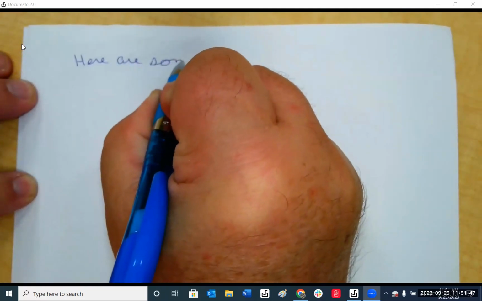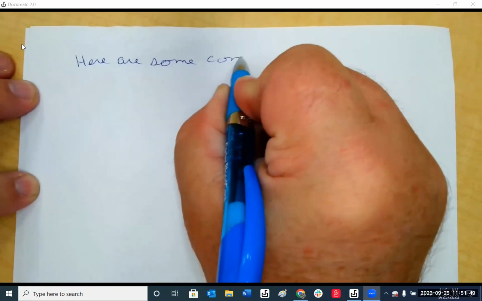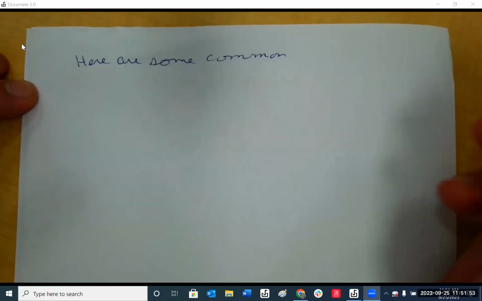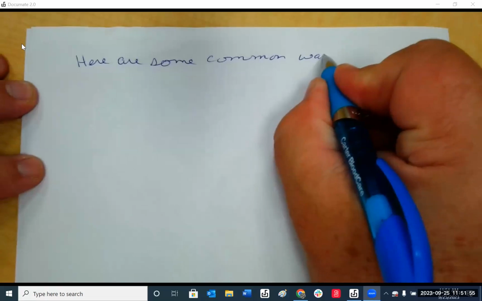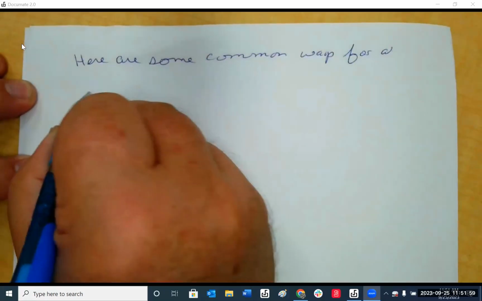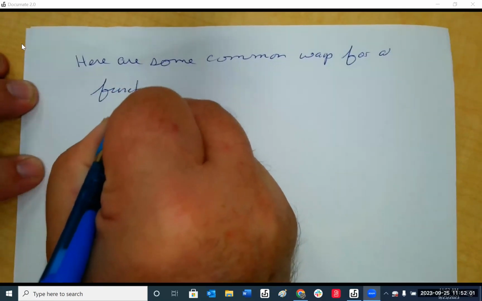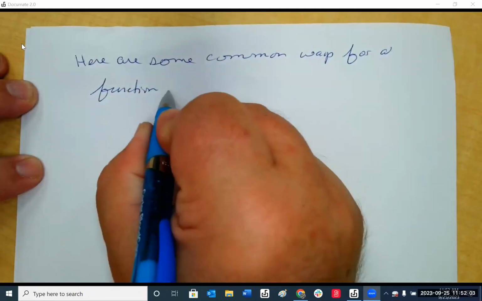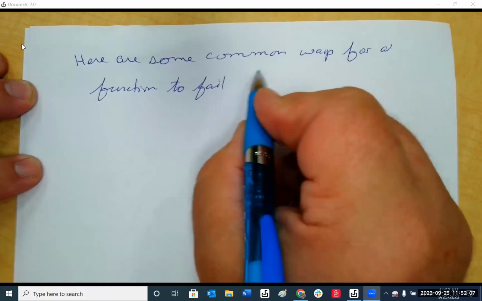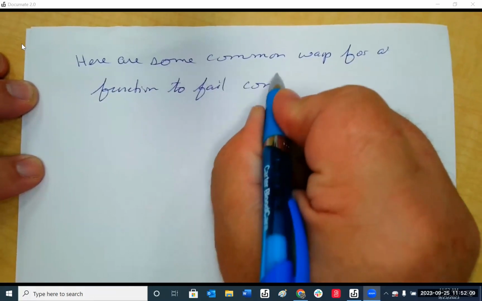Here are some common ways for a function to fail continuity.